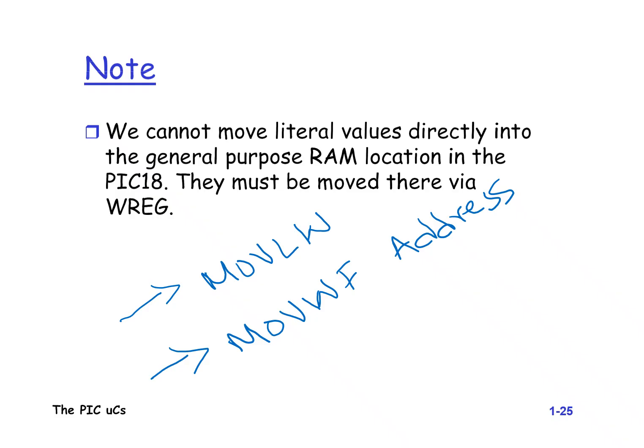Someone might argue, why can we not move the values directly to the file register? However, in PIC, in order to perform operations, we must move the information to the working register first, and then from the working register we can move the information to the file register. That's why this is not possible in this specific microcontroller.